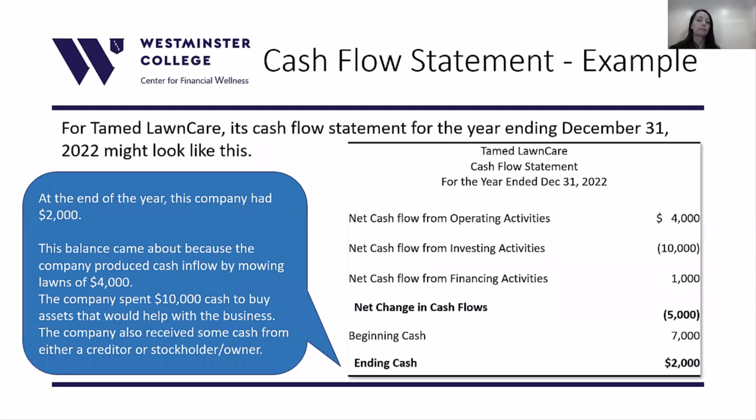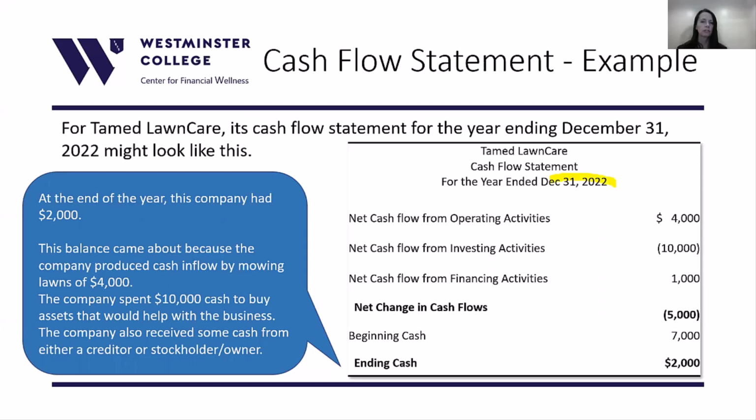All right, here's another example. It's our little lawn care company again. This one has a little more detail. For the year ended 2022, they had operating net cash flow of $4,000. So them mowing lawns got them a $4,000 inflow of cash.